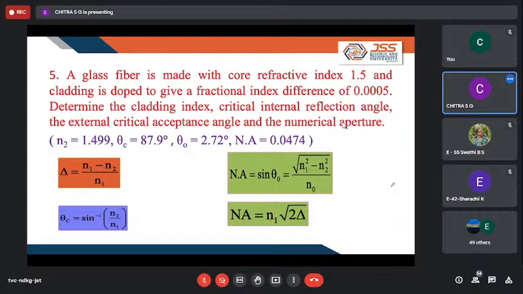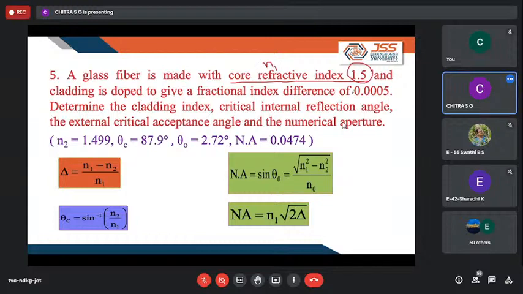First write down what is given in the numerical. They have given the core refractive index, that is N1 is given as 1.5. And then the fractional index change is given. So this is delta.